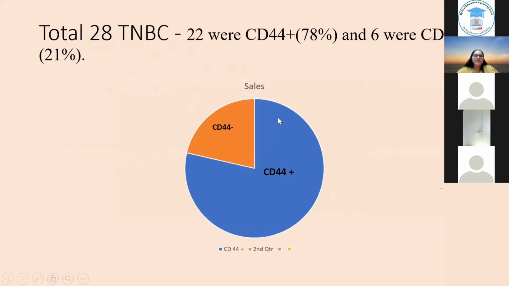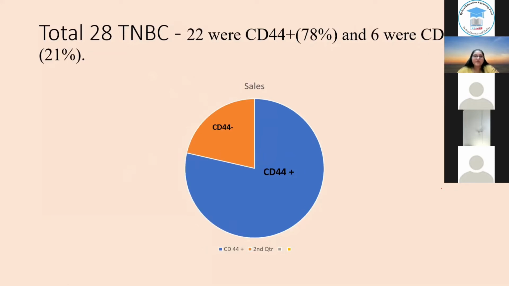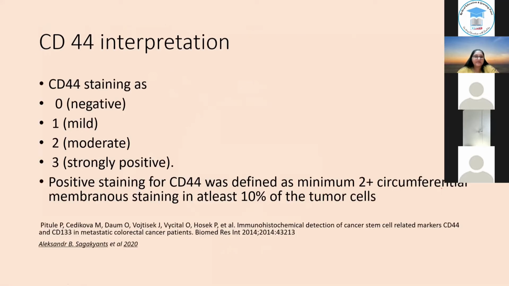Out of 28 cases, 78% are positive for cancer stem cell markers and 22% were negative for CD44. This is in consensus with all the research done before. And out of 30 non-TNBC, 55% were positive for CD44 and the rest were negative. So if you compare, CD44 positivity was more in triple negative breast cancers.